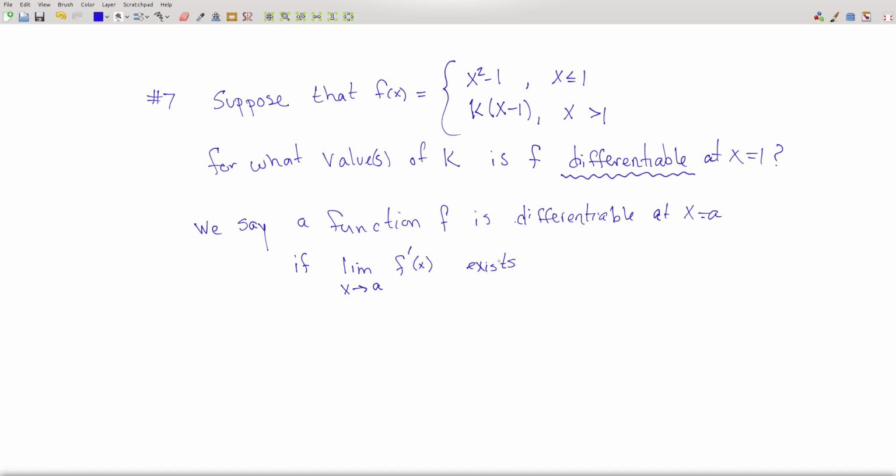This is what it means to be differentiable. And so to solve this problem, we don't so much need to know about f, we need to find out about the derivative of f.